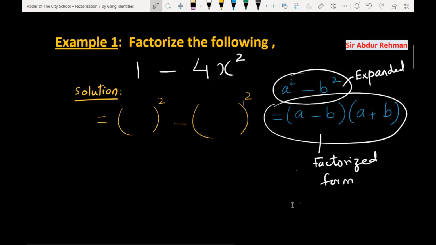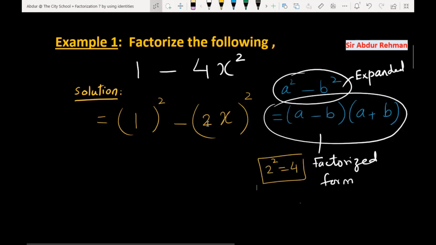So 1 square is 1, so I'm going to write 1, and the square of 2 is 4 and the square of x is x square. So in the place of 4, you have to write 2, and in the place of x square you have to write x, because 2 square equals 4.